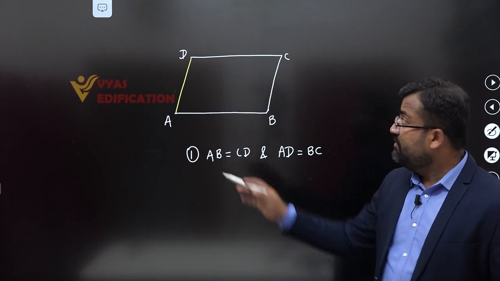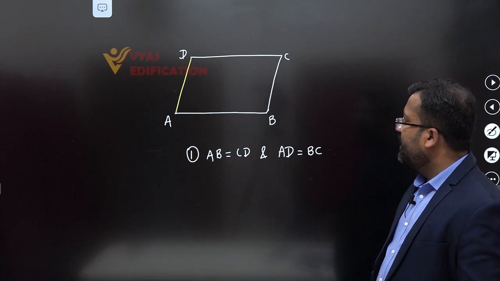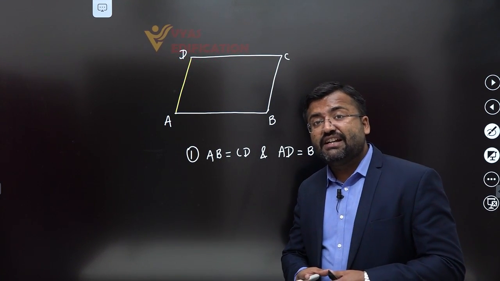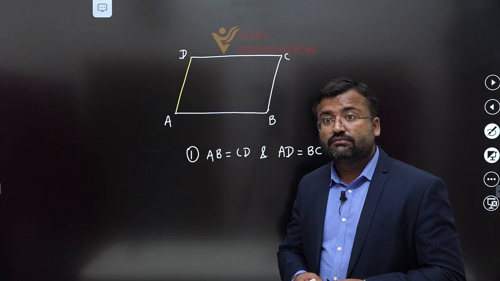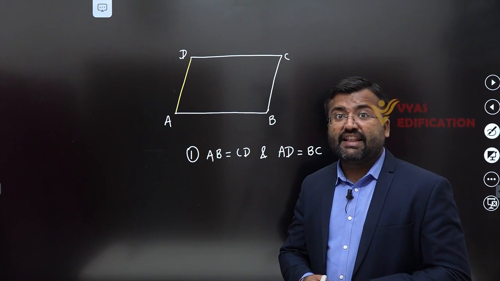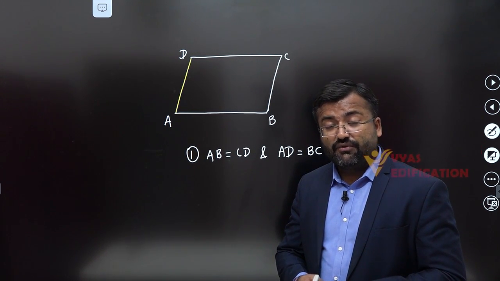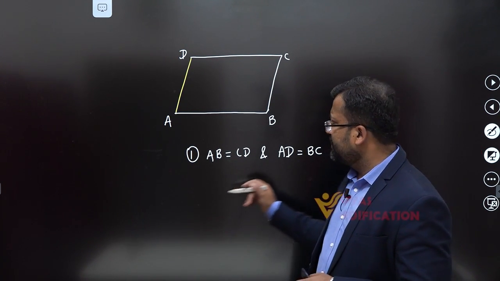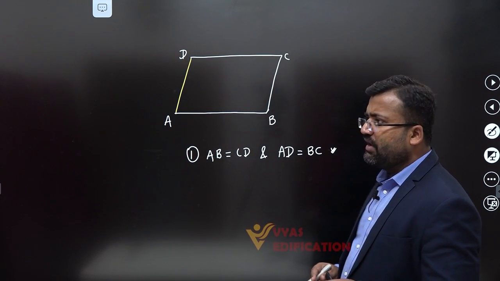AB is equal to DC, and AD equal to BC. If opposite sides are equal, then yes, you can say that the given figure will be a parallelogram. Now this condition ensures that it is a parallelogram.